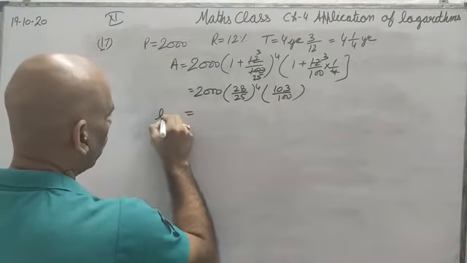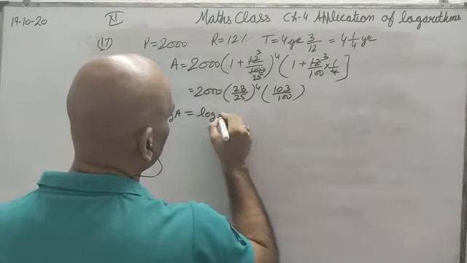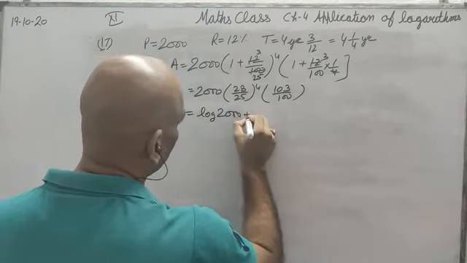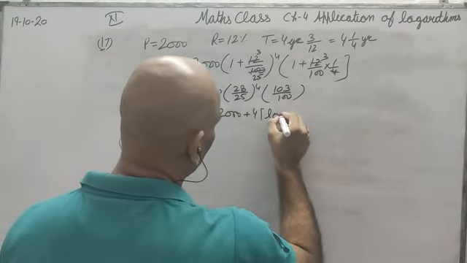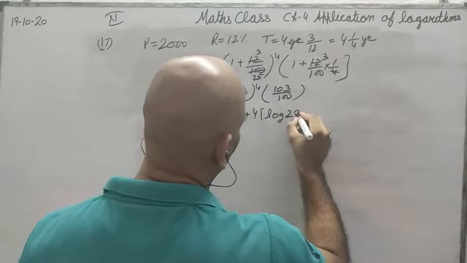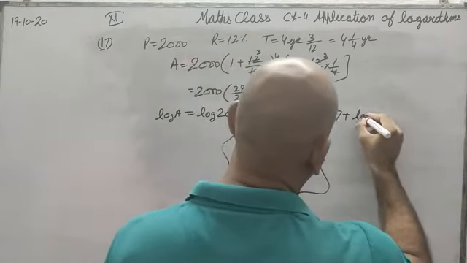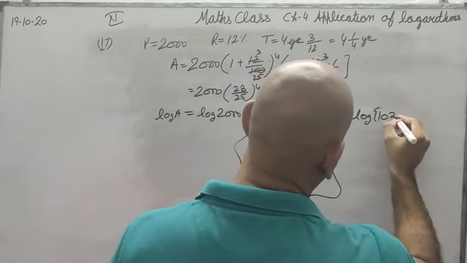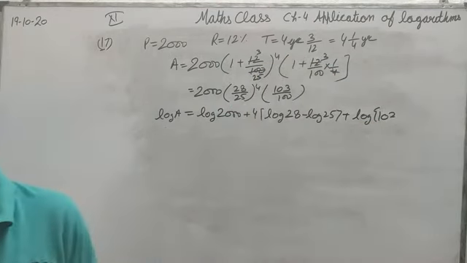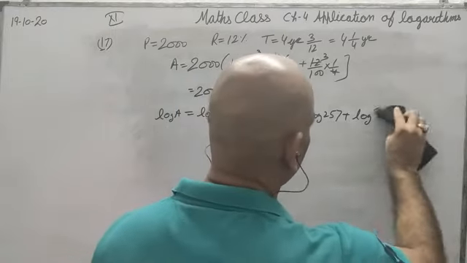Now log A will give me log 2000 plus 4 log 28 minus log 25 and log 103 minus log 100.